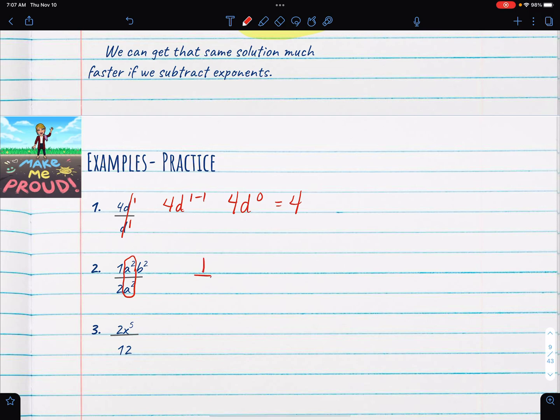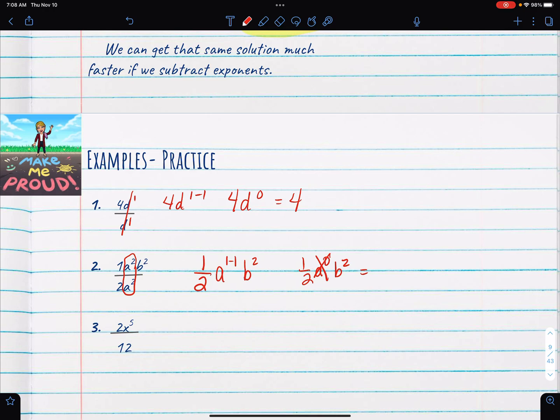So I'm still going to be stuck with 1/2. Okay, but a minus a, and then I have the b squared left. So that means 1/2 a to the 0 power b squared. So this goes away because the 0 power means it's not there. 1/2 b squared is your final answer.